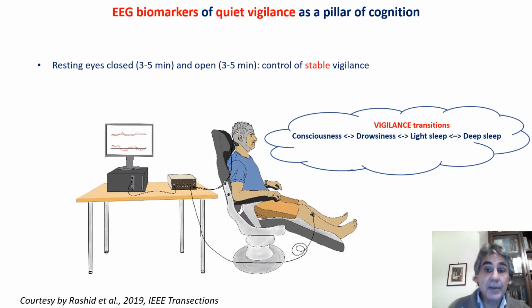Among EEG biomarkers, we used the EEG activity related to the resting state condition of eyes closed and open. It's a very easy and diffuse approach to study neurophysiological mechanisms of vigilance.